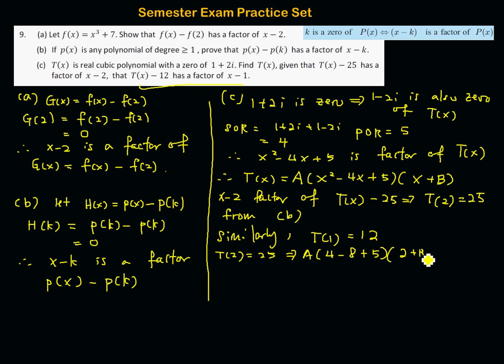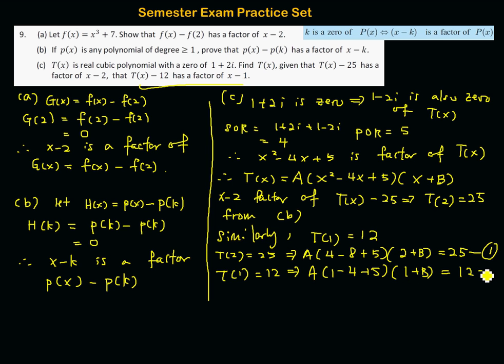That will be equal to 25, and let's call this equation 1. Similarly, t(1) is 12, and here we have 1 plus b, which is equal to 12.